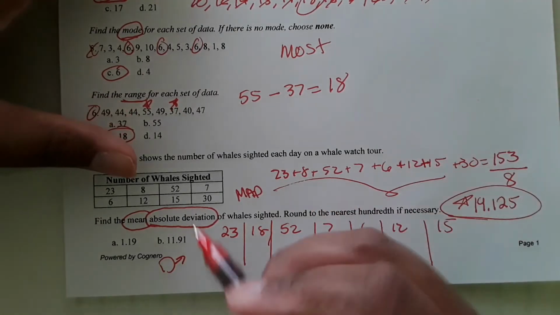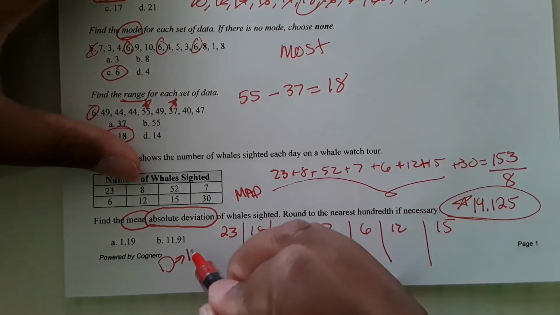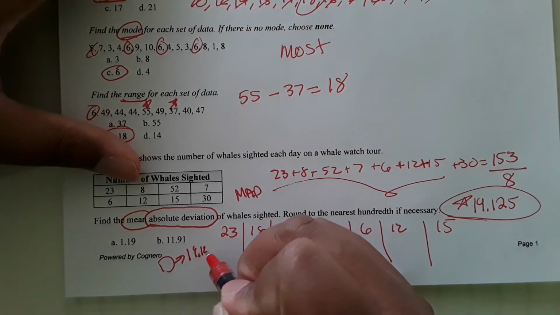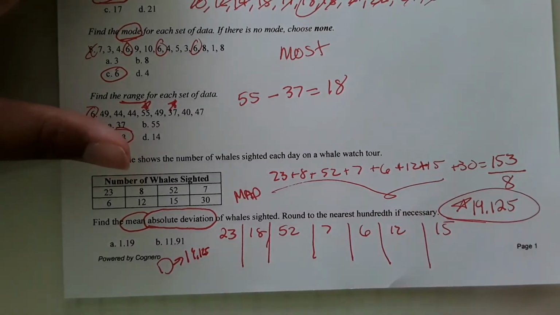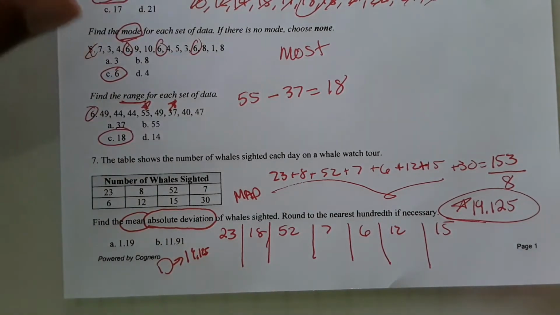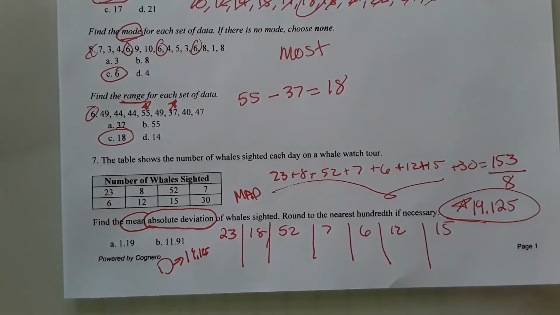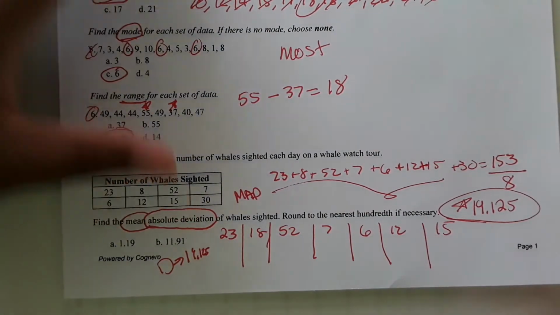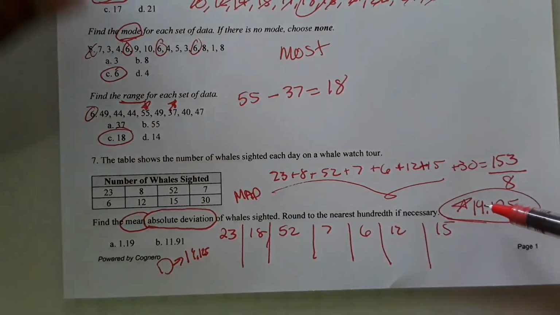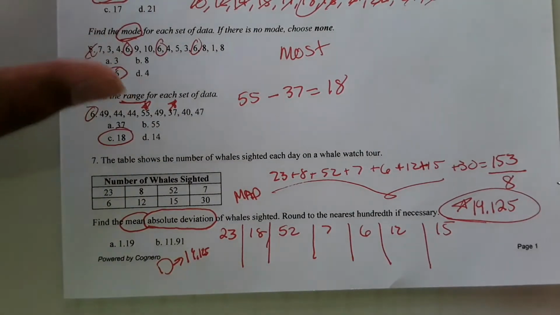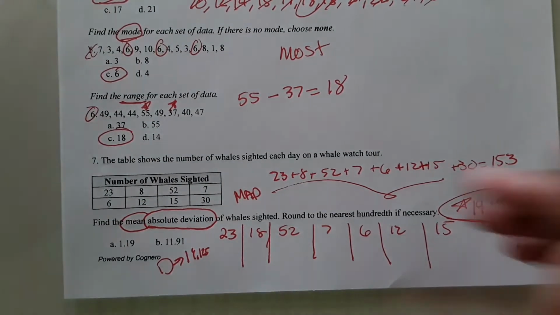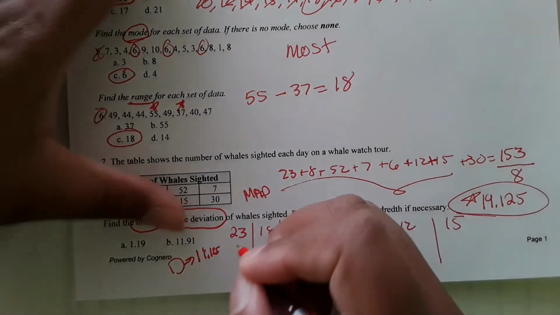I know this is a lot to keep track of, but that's why you have your calculator. You would type in 23 minus 19 and 125 thousandths.